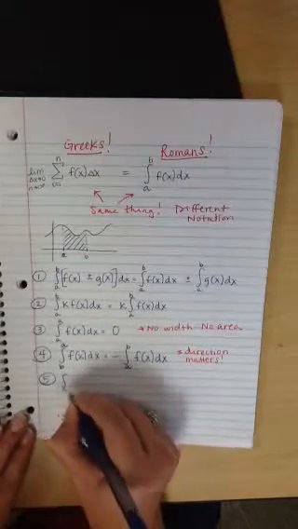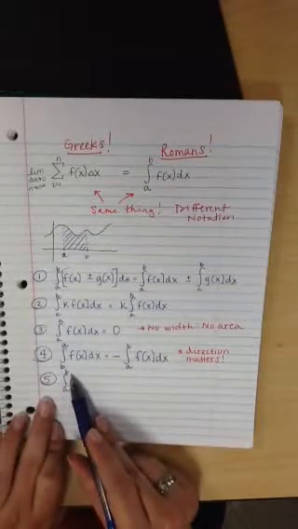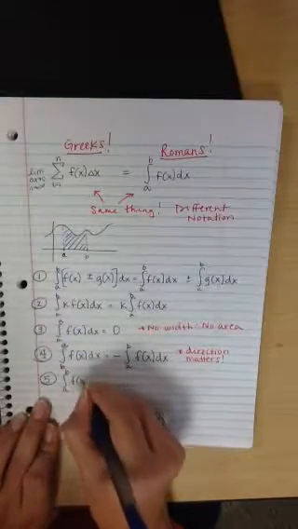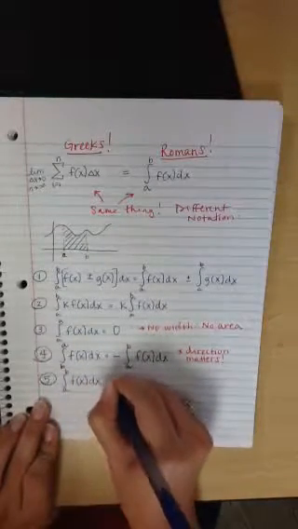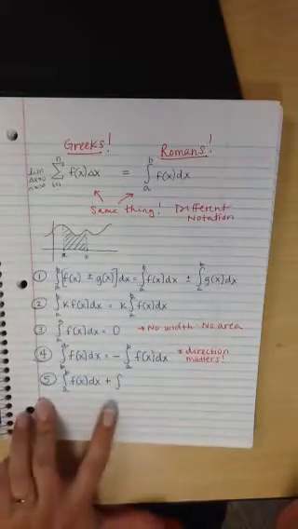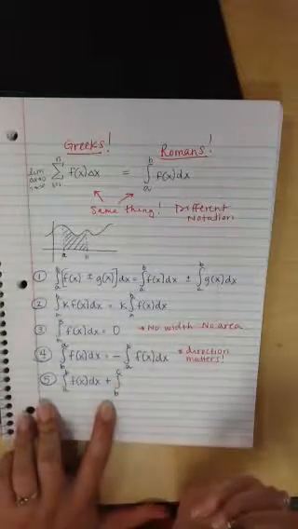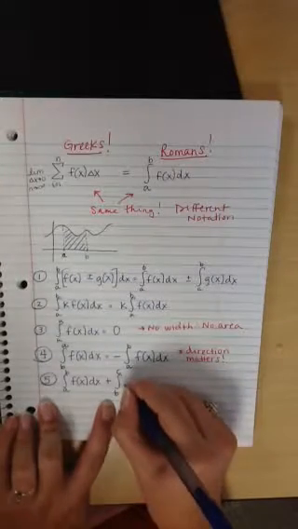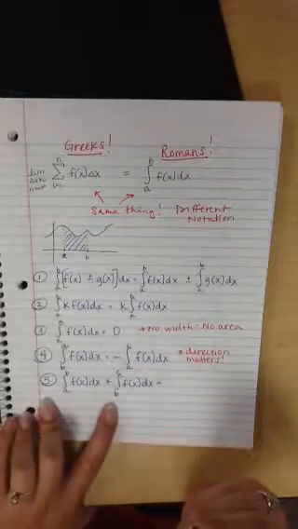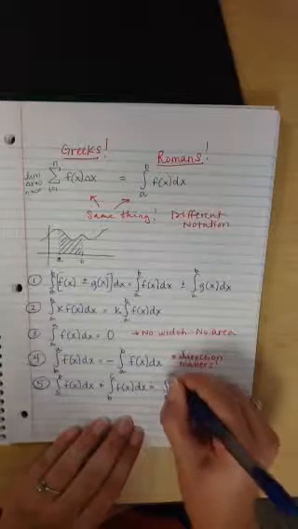You have 5 properties. Your last one says that if you have an integral from A to B of f of x dx, plus a whole other integral, but this time from B to C of f of x dx, can't we just say that this is the same as A to C?